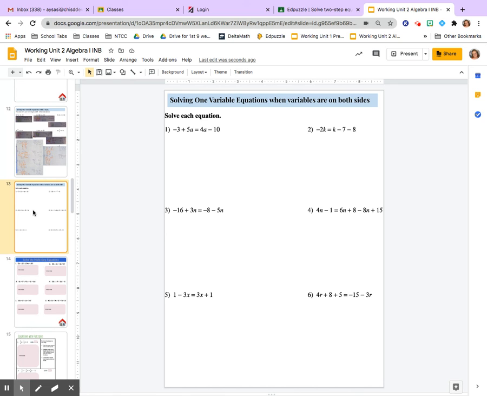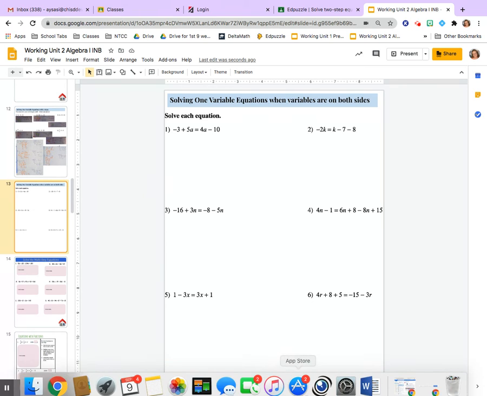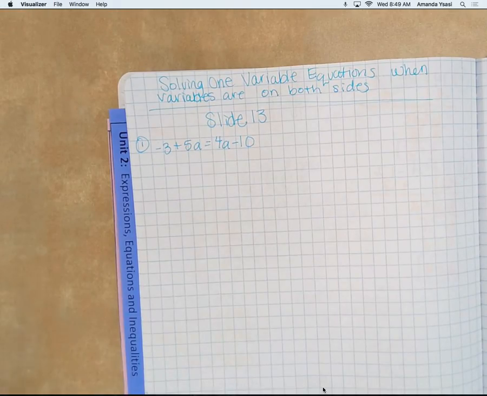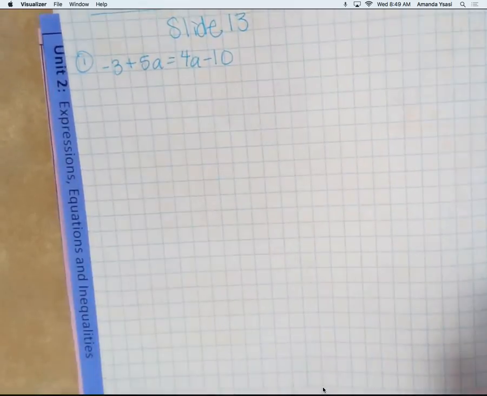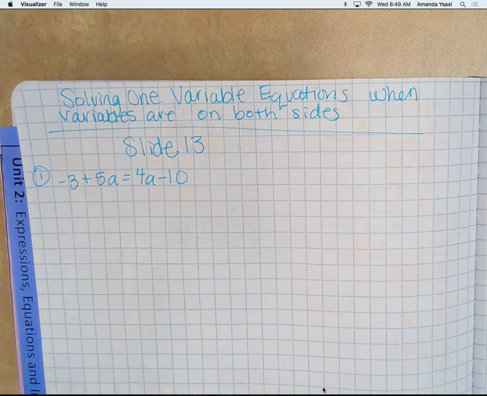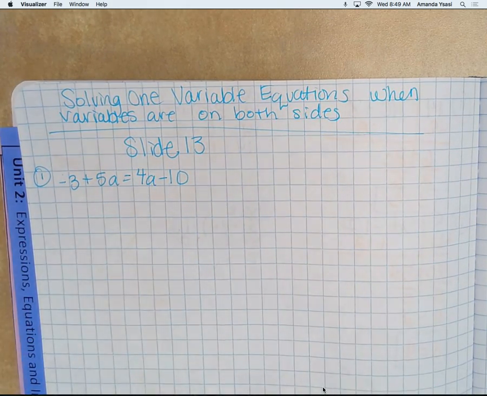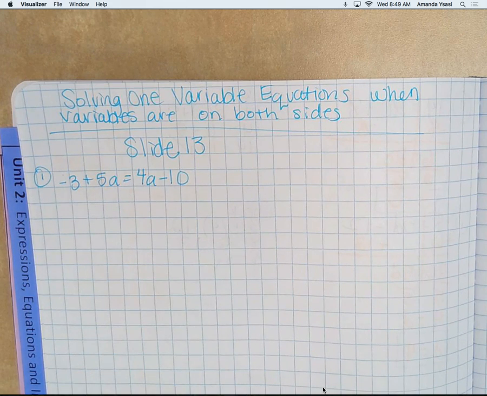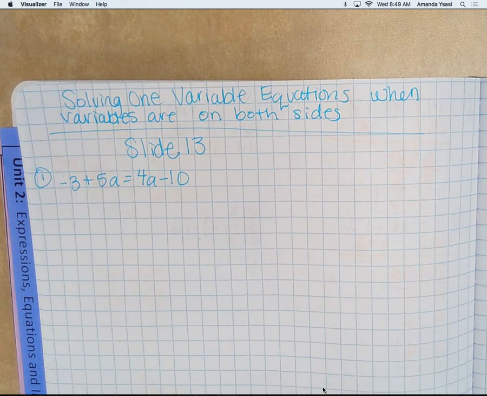And this is slide 13. Okay, so I'll show you my page. Let's go ahead and copy that down. We're going to work through the problems, showing our work, and also checking our answers.